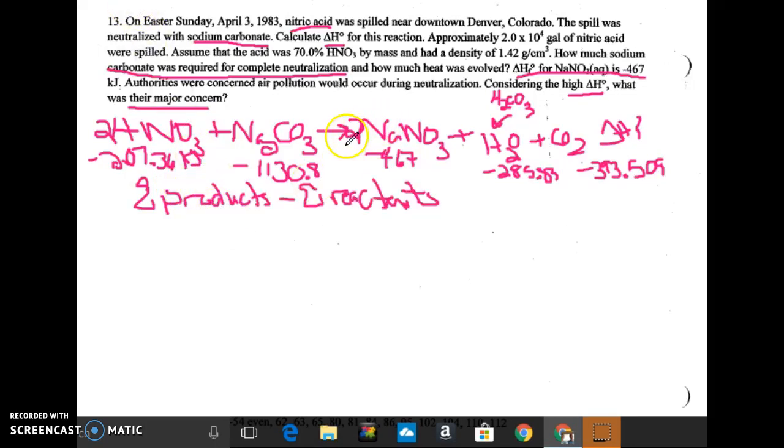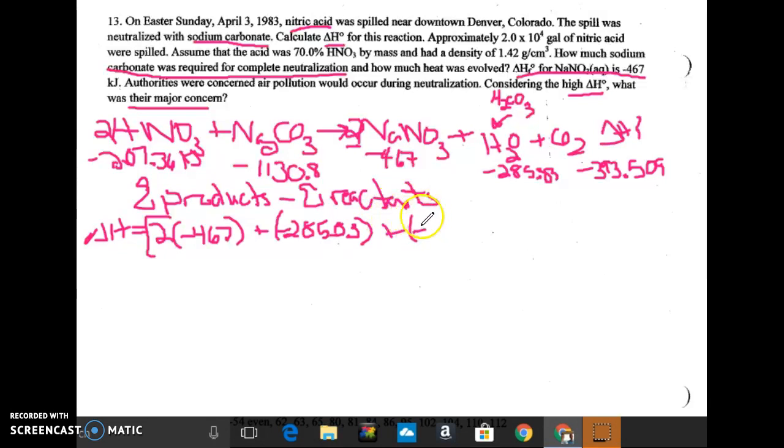So I'm going to need to take the moles, the coefficients for the moles of each substance, times its value. So my delta H equals 2, do brackets, 2 times negative 467, plus negative 285.83, plus the negative 393.